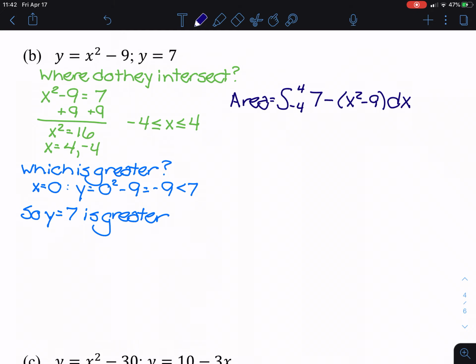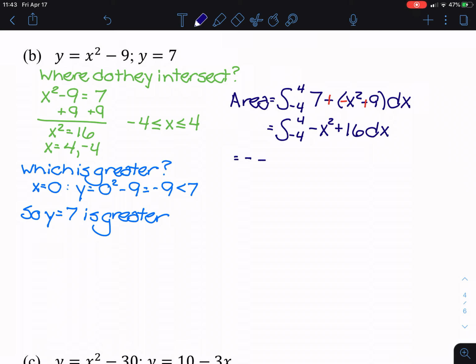So I'm going to distribute the negative inside the parentheses. And this becomes the definite integral from negative 4 to 4 of negative x squared, and then 7 plus 9 is 16, dx.